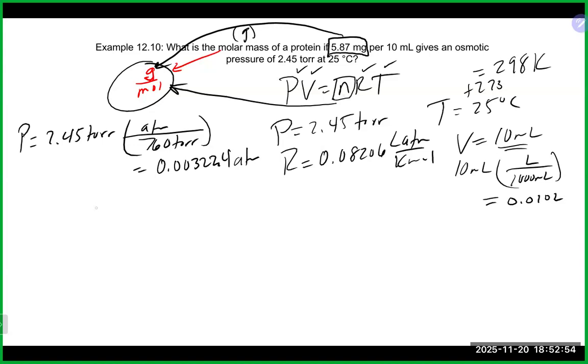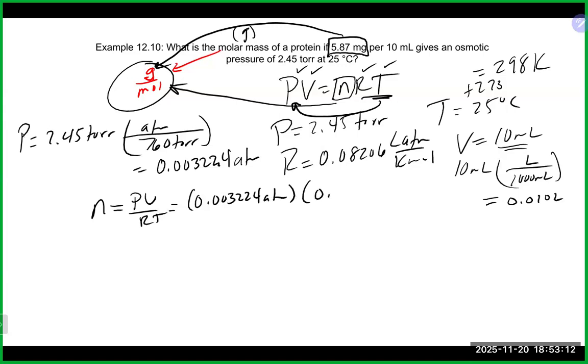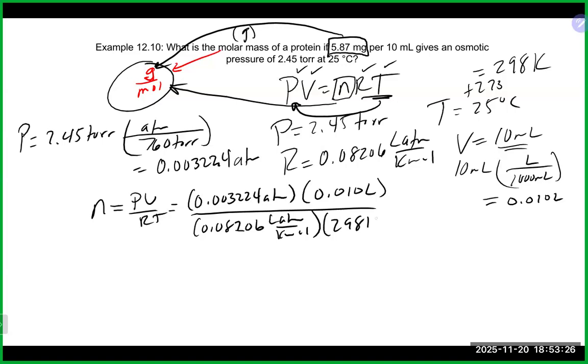Now we should have everybody in the right units. We're going to solve for n. n is equal to PV over RT, basically taking these to the other side. Putting in our numbers, we're going to end up with 0.003224 atmospheres times 0.01 liters, divided by 0.08206 liter atmosphere per Kelvin mole, and our 298 here.